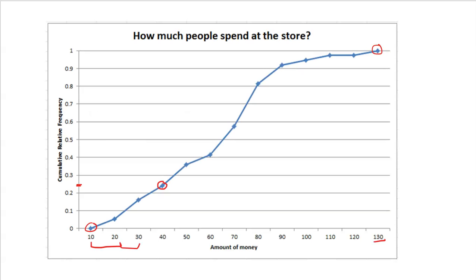So if I said, identify the median, we would look at the 50% mark, which is right here, the 50th percentile, slide over to where it meets the graph, and then track down as best we can. We'd probably say somewhere around $65. So 50% of people spent $65 or less, or vice versa, 50% of people spent more.